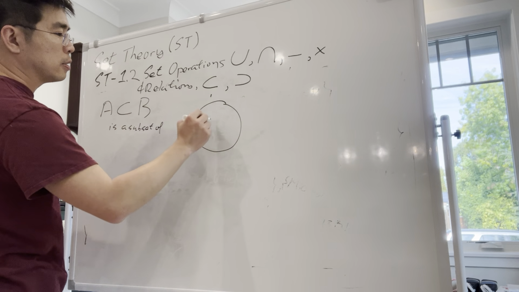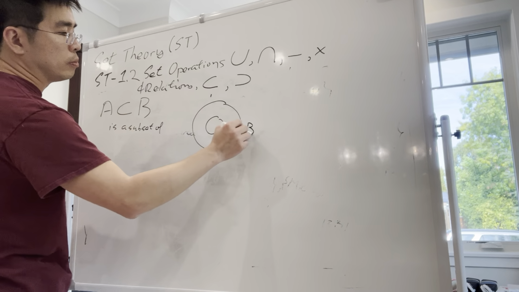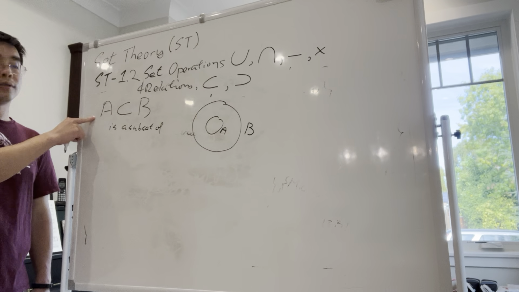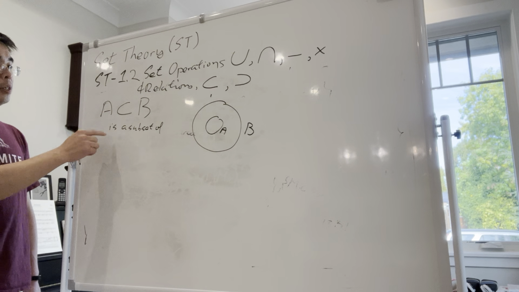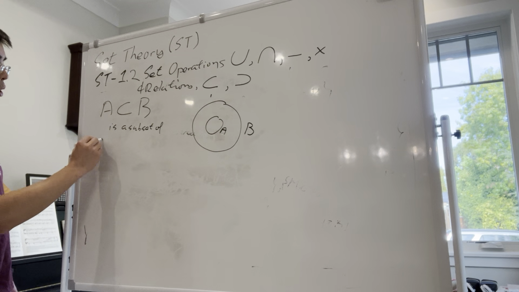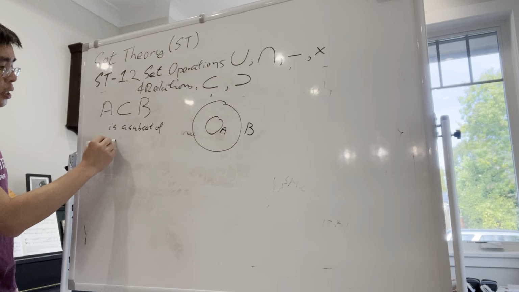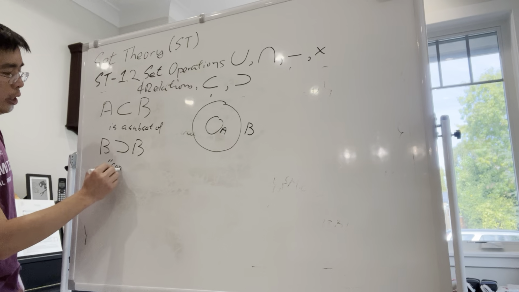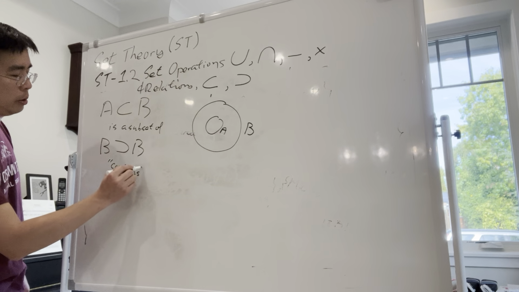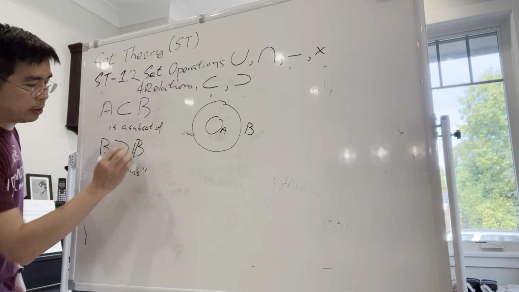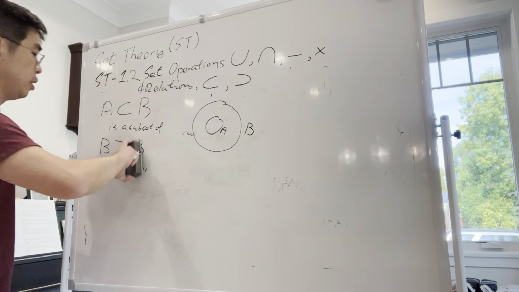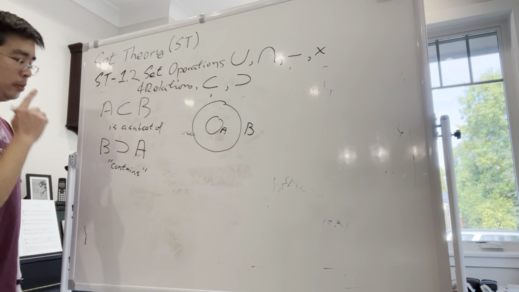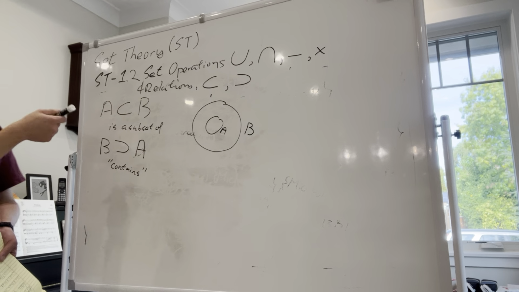If it is like this, anything that is in A is also part of B. Okay. Another way is we basically say this: B contains A. So this is the relation between 2 sets.